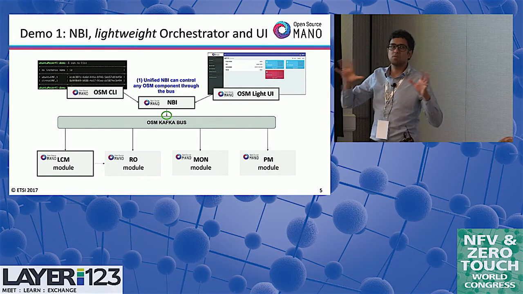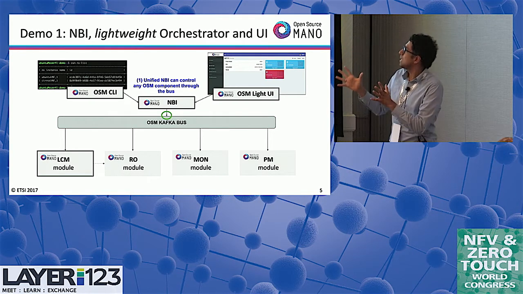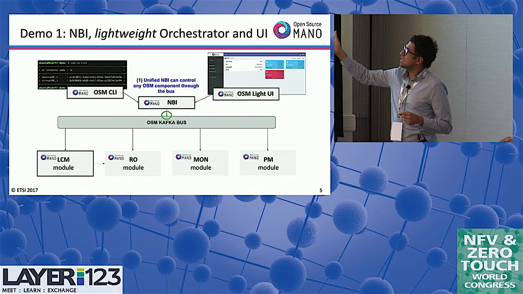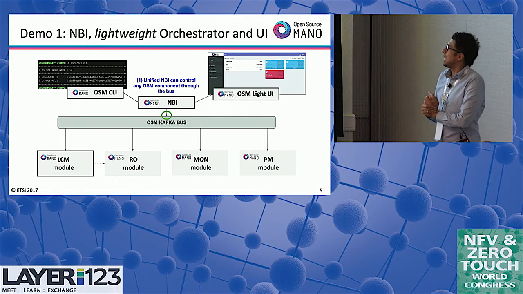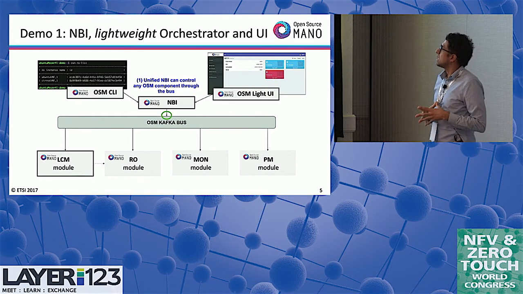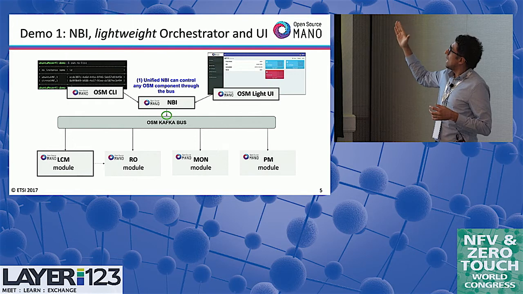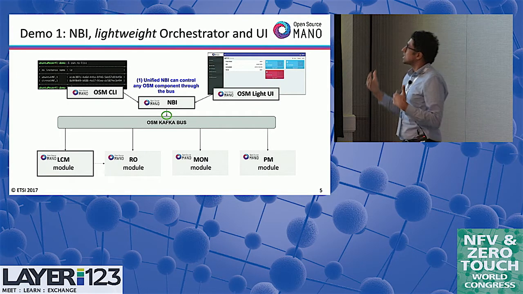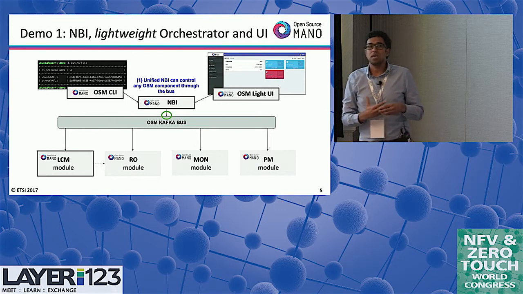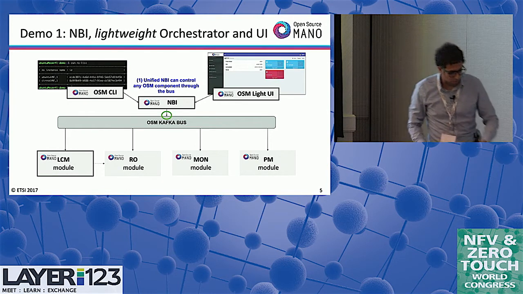So we have 2 ways to communicate with OSM. The CLI, that already existed, but as I said before, it has new functionality as now it's talking to a more rich set of APIs.